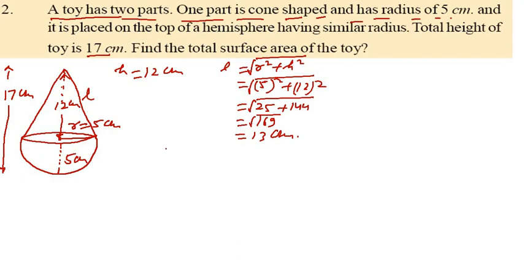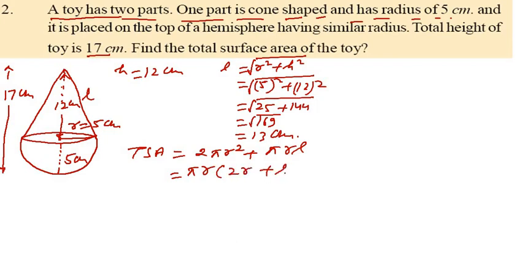Now total surface area. Total surface area of the figure is TSA. So you have to know this: 2 pi r square, that is the hemisphere, and pi r l, that is the cone. So you can put the value; pi r is common, so you can say pi r times (2r plus l).